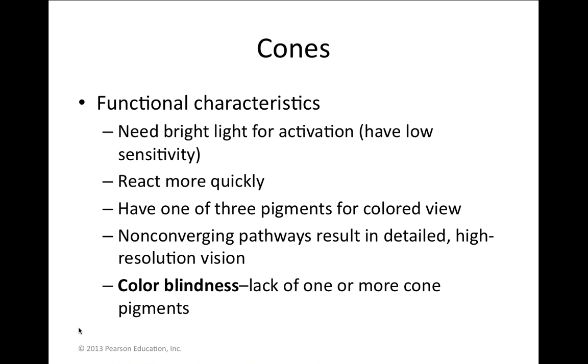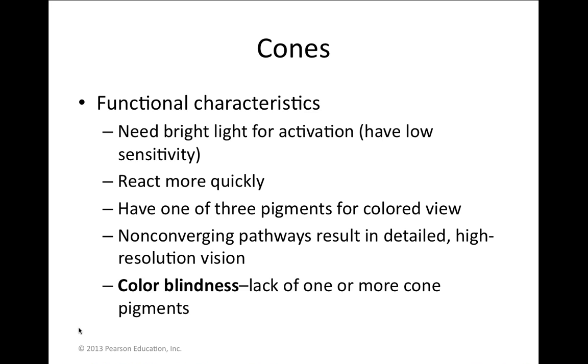They have one of three pigments for colored vision. So there are three different cones that each individually will absorb one wavelength of light, and you combine them together to get specific colors. These are non-converging pathways, so each cone will go to one bipolar cell, and that way you get a single distinct signal.